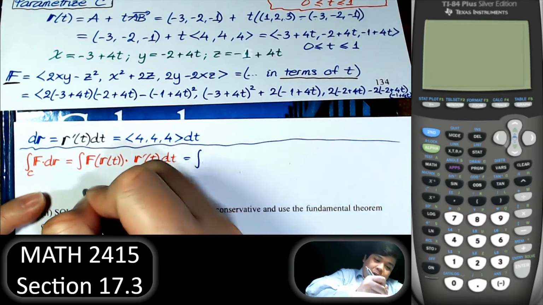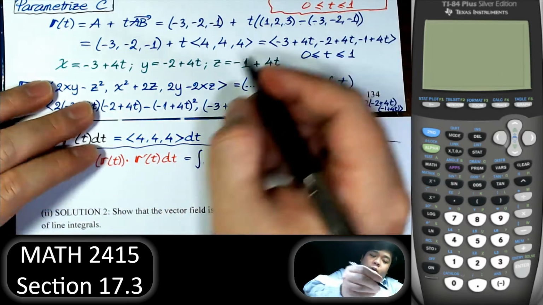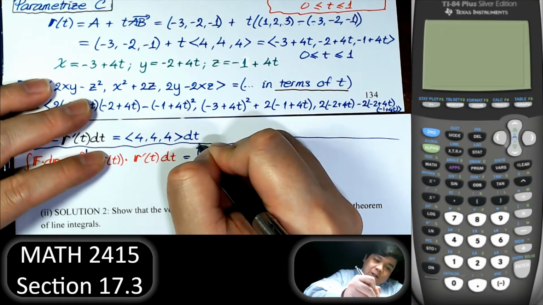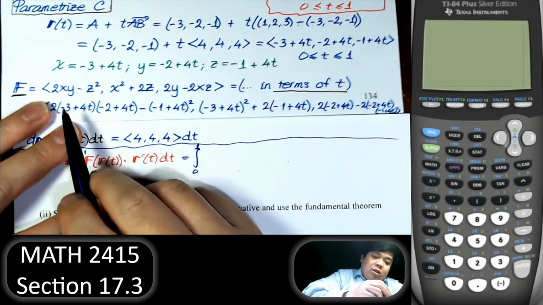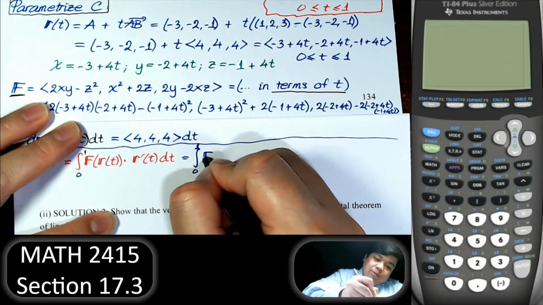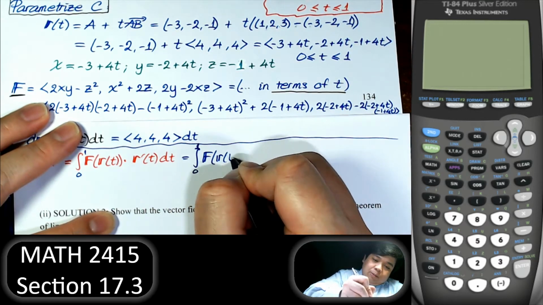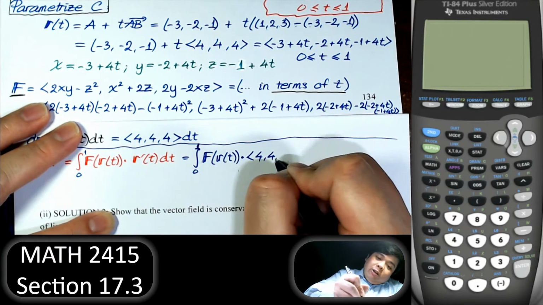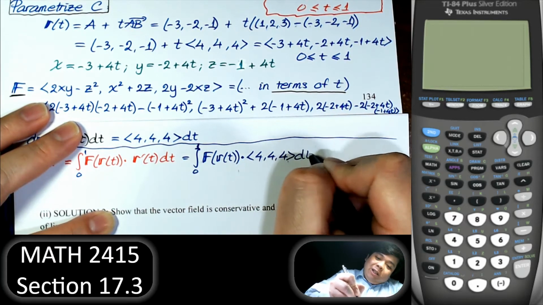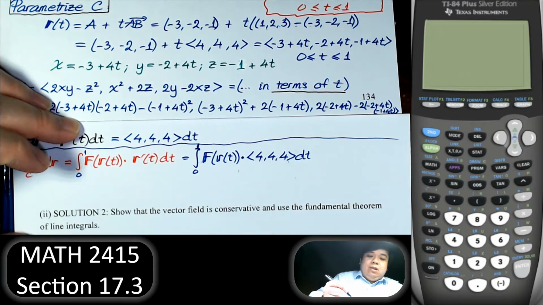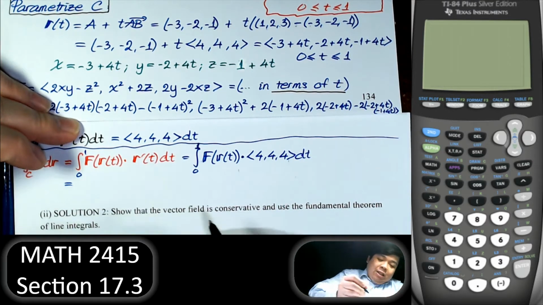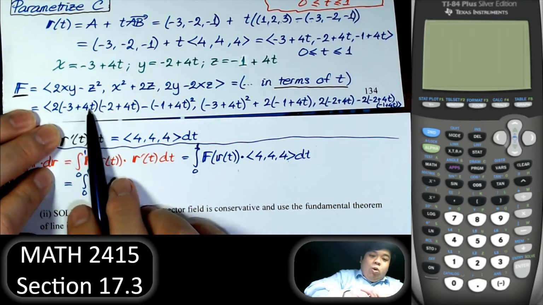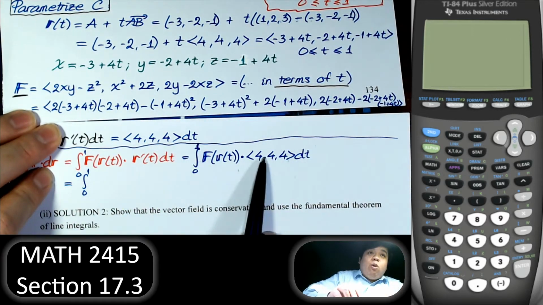Right, so the integral, with t going from 0 to 1. I'm just going to write f of t dot 4, 4, and 4, dt.